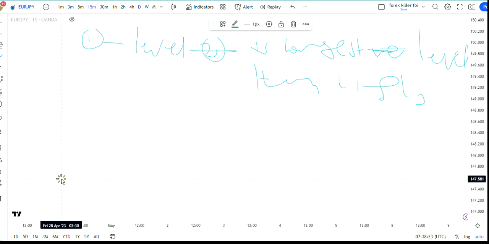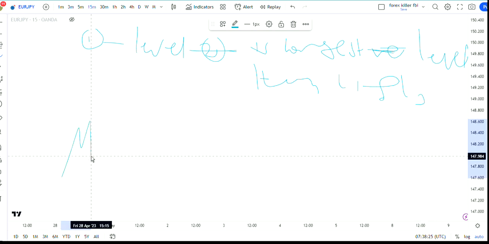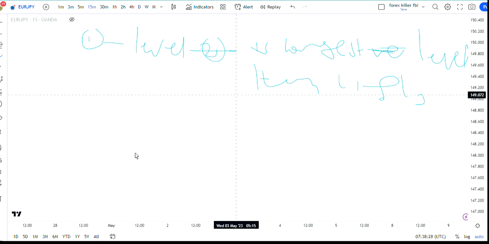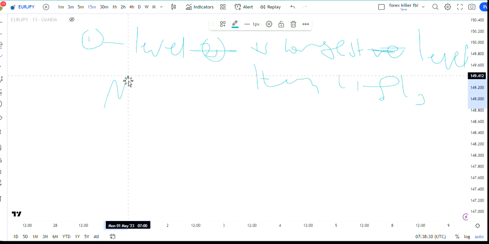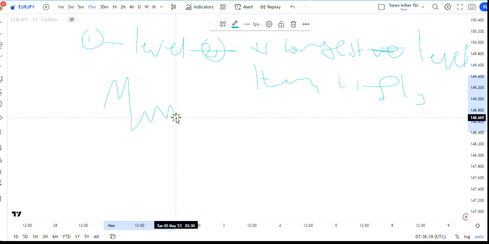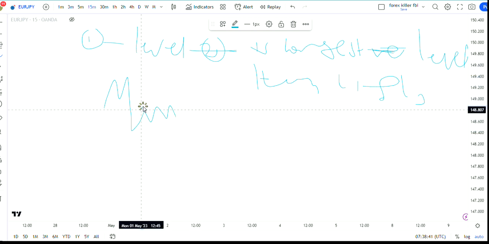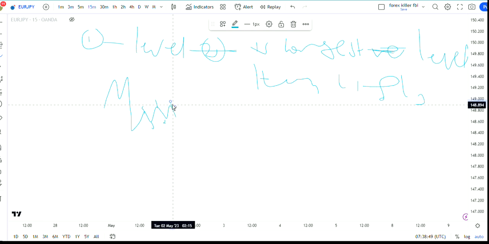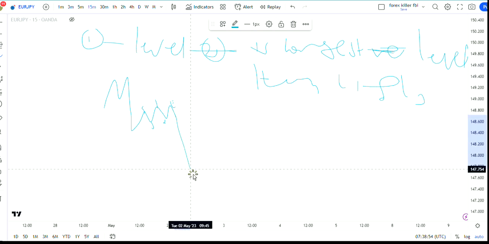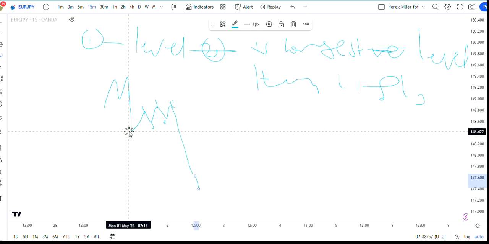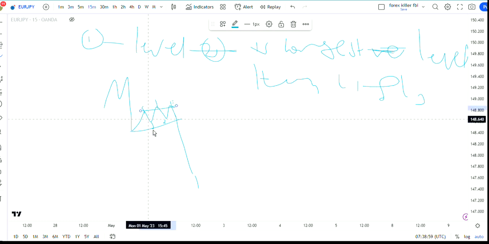It means if we have this structure here, this will be level 1. After level 1 you will have a correction, maybe a zigzag. If this is A, this is B, this is C, this is D, and this is E above here, and this structure will be moving impulsively, this is what we call a zigzag structure.